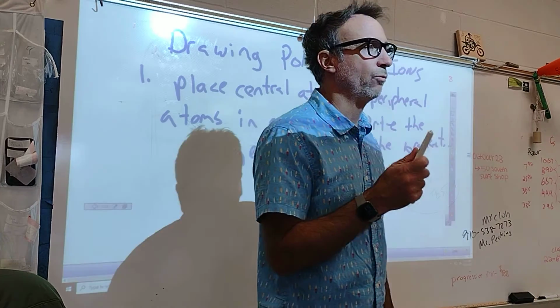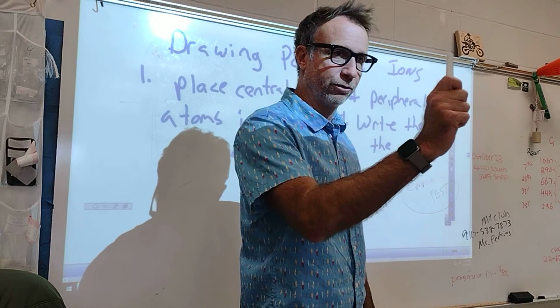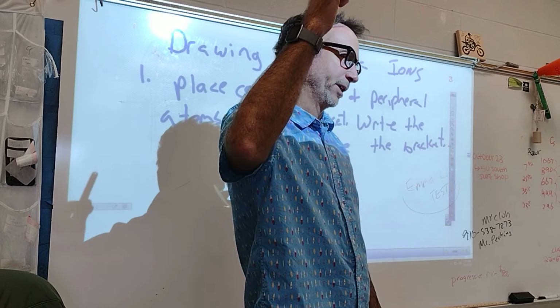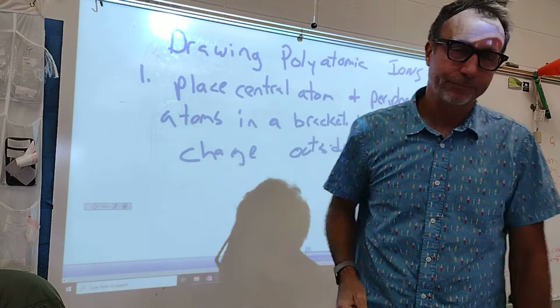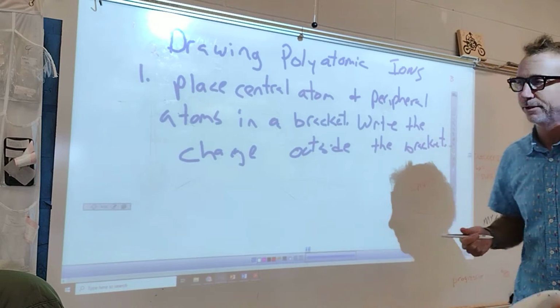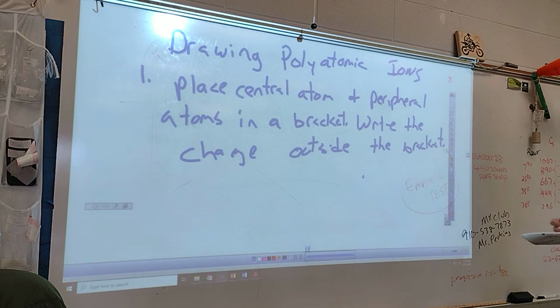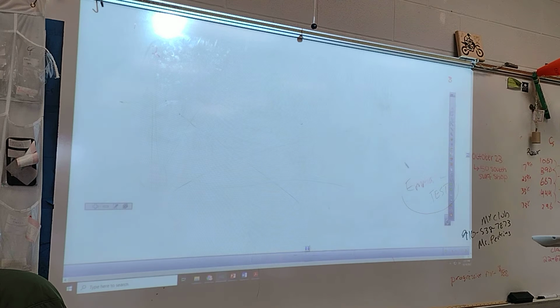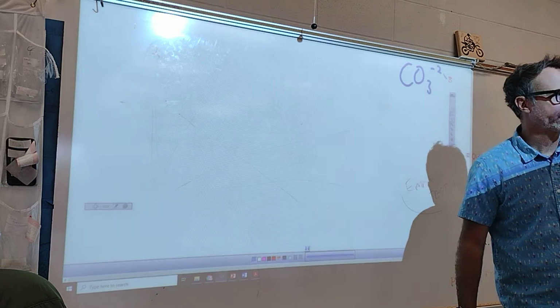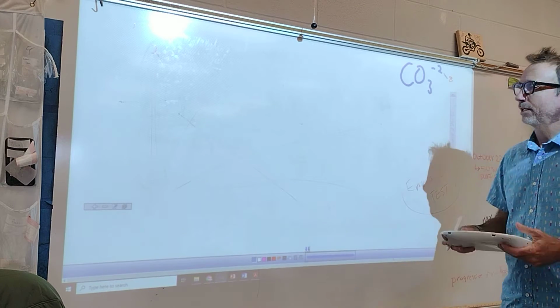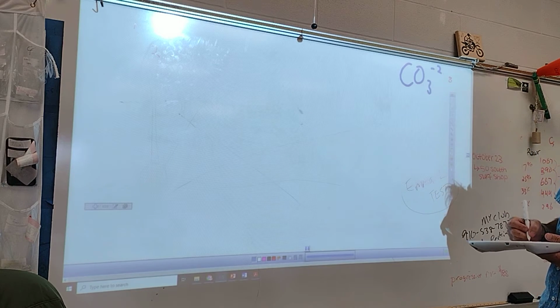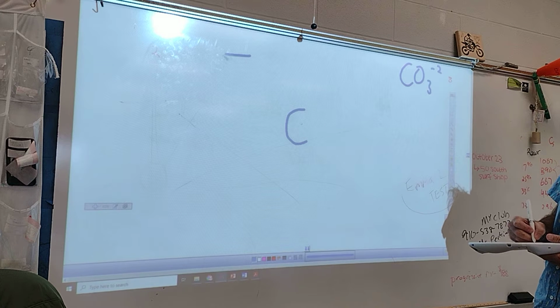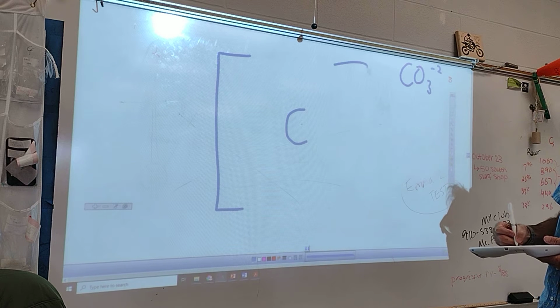So number one, you put the central atom and you surround it by the correct number of peripheral atoms. Let's do carbonate, all right? So if you didn't know what carbonate was, you would look it up on page 7 and you'd see that it was CO3 negative 2. Everybody agree that's carbonate? All right, so you place the central atom, then you put a bracket.